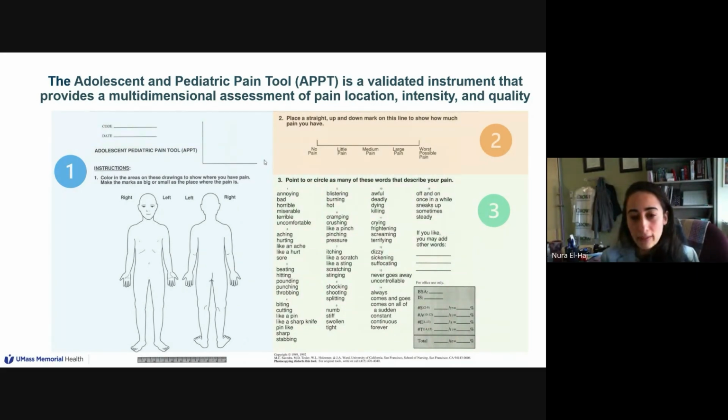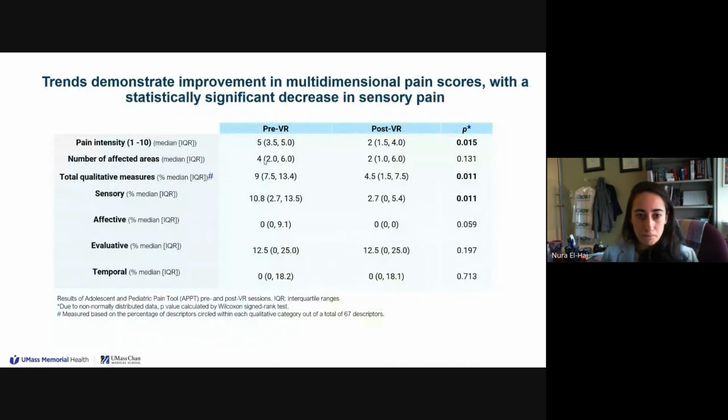And how do you evaluate and appraise your pain cognitively? That's the evaluative category. Then you get a total score out of these 67 descriptors, so there are ways of scoring this sheet. It's really helpful because it's not just, oh, my pain went from a 10 to an 8. What does that mean for you and your experience?